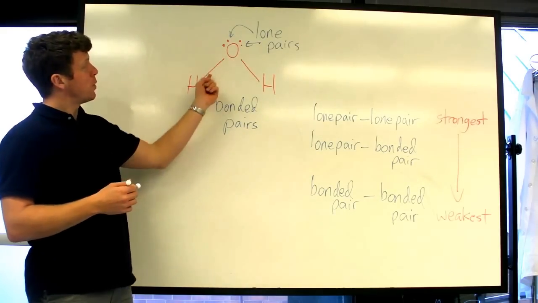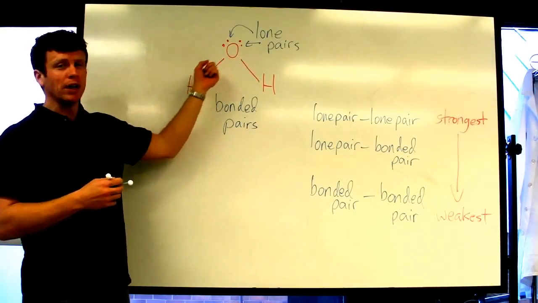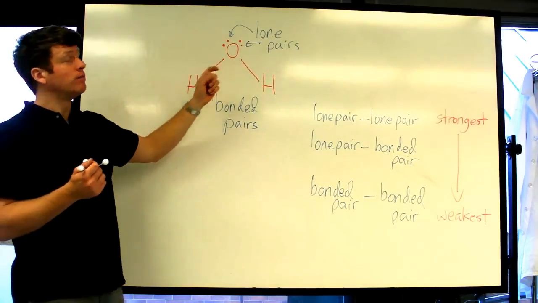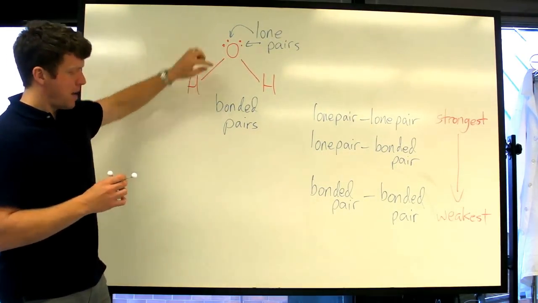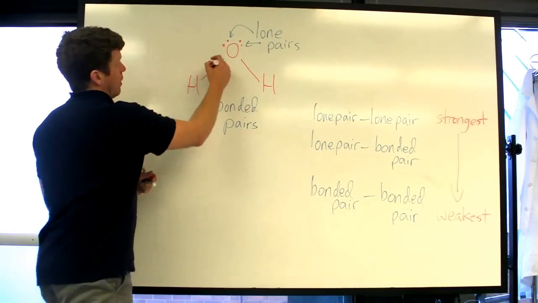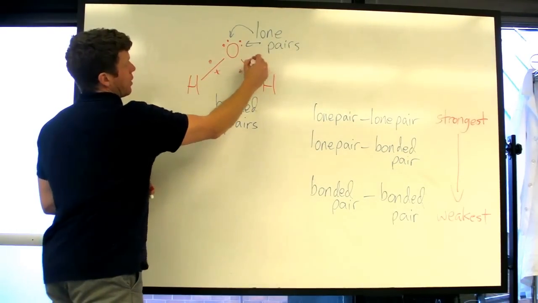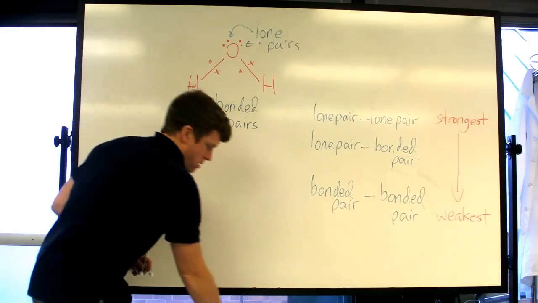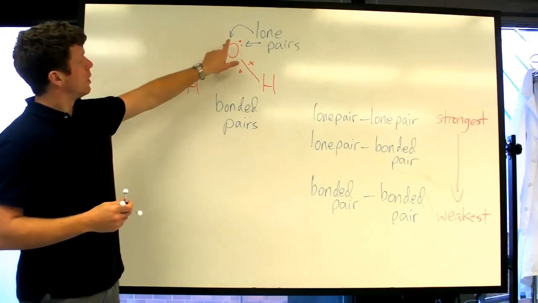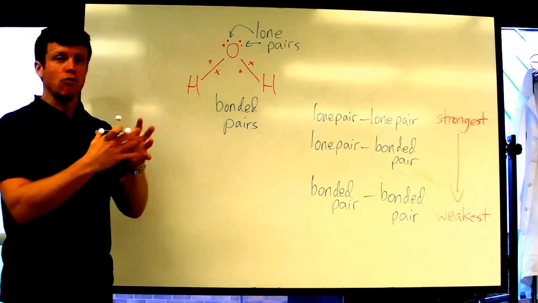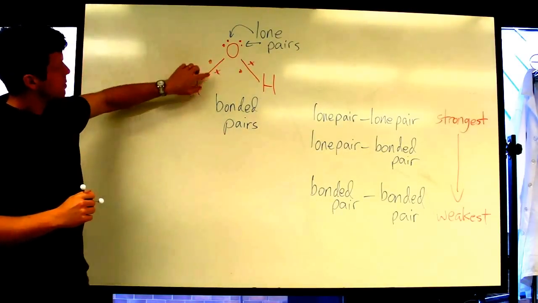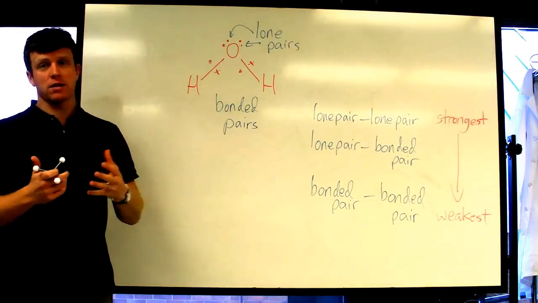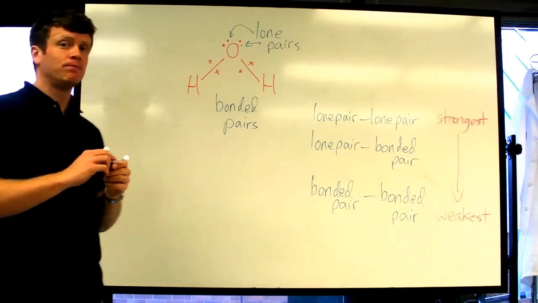So oxygen's pulling electrons this way, but also hydrogen's pulling them a little bit this way, obviously not as much because oxygen's more electronegative. So the electron pairs that would be here and here are actually slightly further away. So lone pairs and lone pairs, that's the strongest repulsion. Lone pairs and bonded pairs would be next, and then two bonded pairs would be the weakest amount of repulsion.